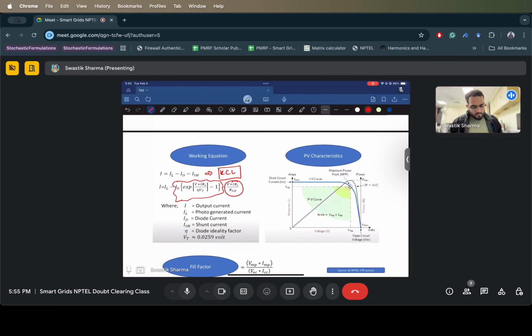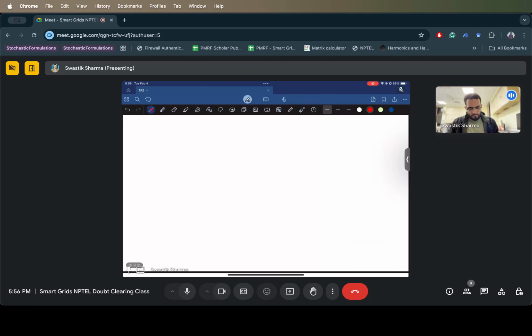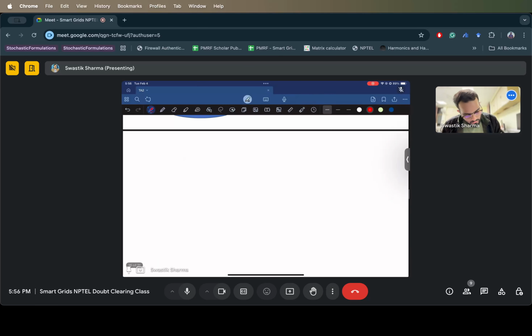So now the PV characteristics. For any kind of module, its characteristics show how the behavior of the module is supposed to be. Let me show you how the behavior looks. Earlier I showed you, if there is a diode, I'll draw it using blue first.